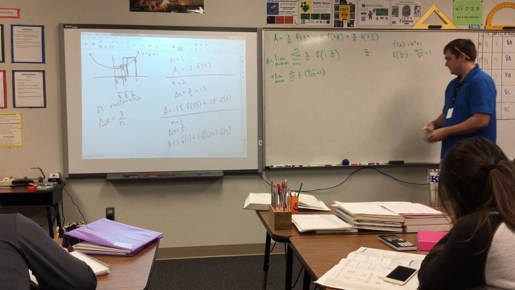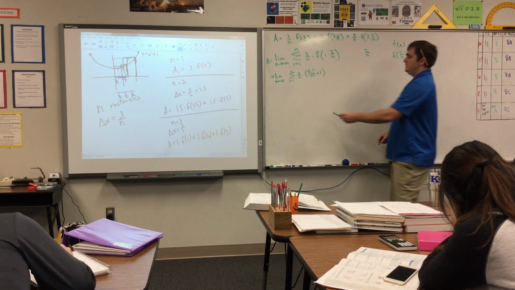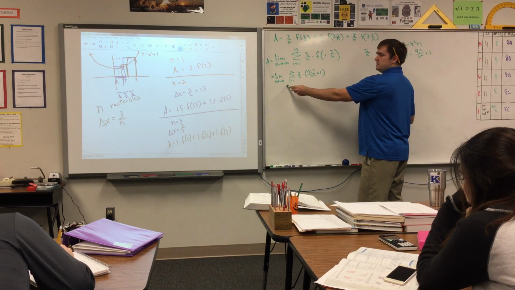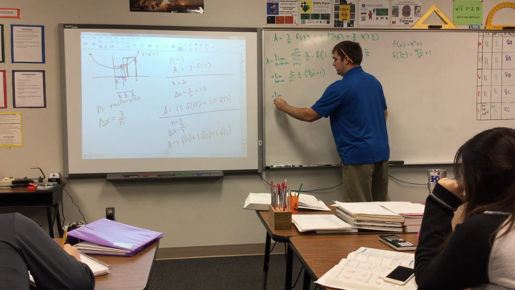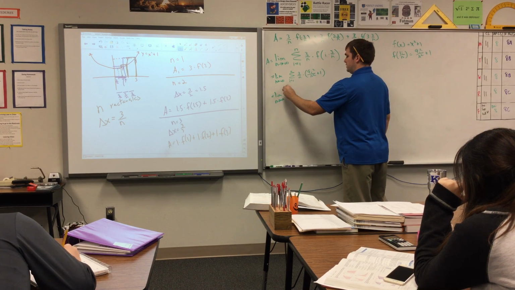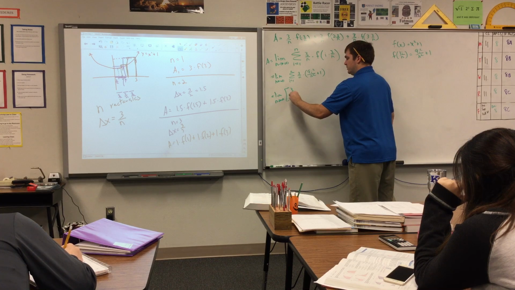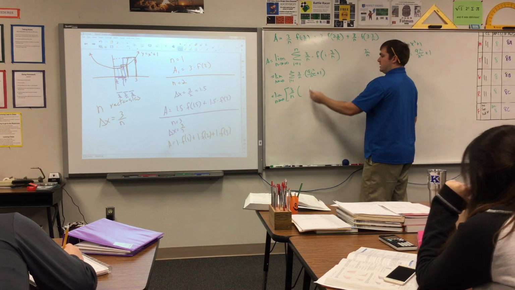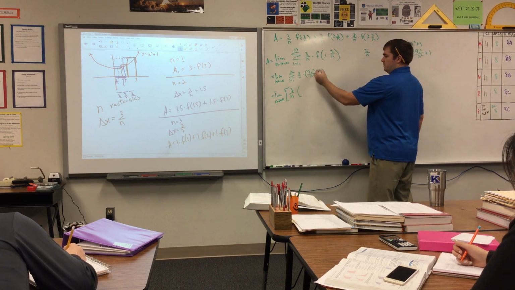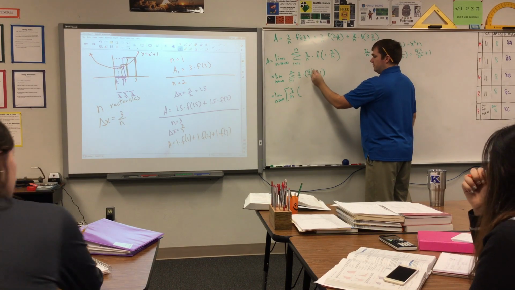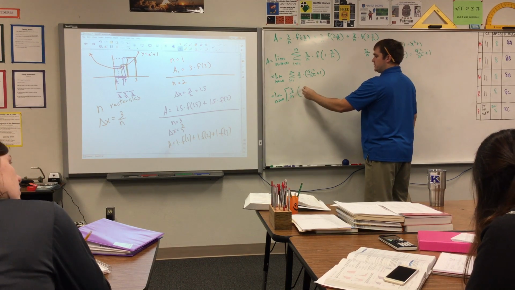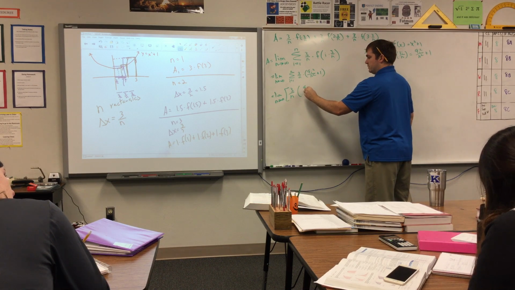Alright, so let's see if we can do this super fast. I'm going to pull out that 3 over n since it has absolutely nothing to do with the summation. So the limit as n approaches infinity of 3 over n times, and I'm going to write the sum of this term plus the sum of this term. In this case, that 9 over n squared has nothing to do with the counter, so I'm going to pull it out.